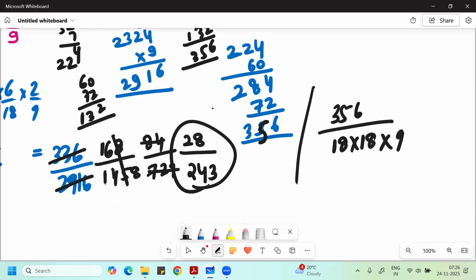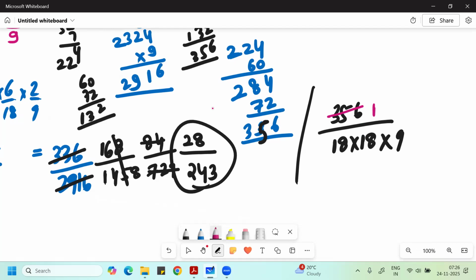You do it this way. Will it go by the 9 table? Will it go by the 3 table? No. Then the 2 table, it will go. So 356 by 2 is 178, and this will be 1458.